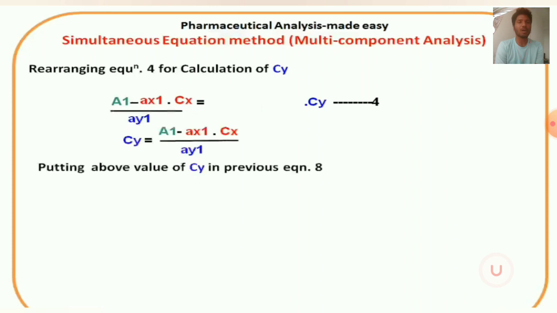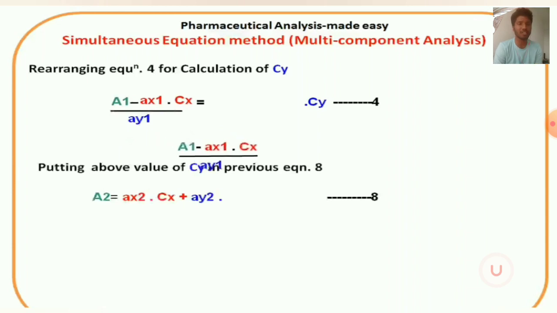Now putting the above value of Cy in the previous equation, equation number 8, that is A2 equals AX2 into Cx plus AY2 into Cy, as you can see in the previous equation.